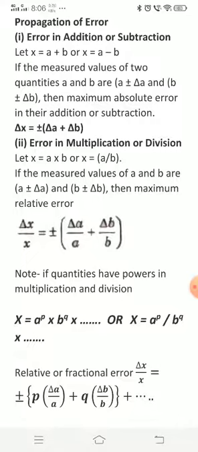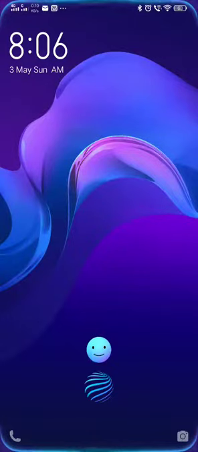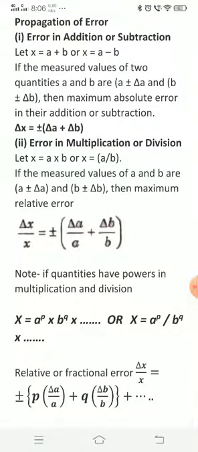In such a condition, the fractional error in x is given as delta x by x is equal to plus minus, p times delta a by a plus q times delta b by b, and so on. Here p and q are the powers raised on a and b.